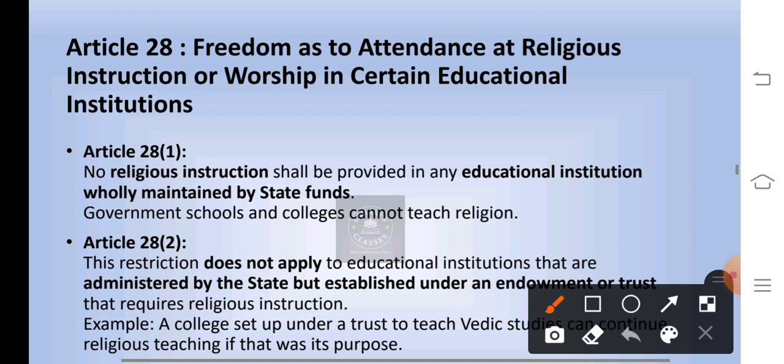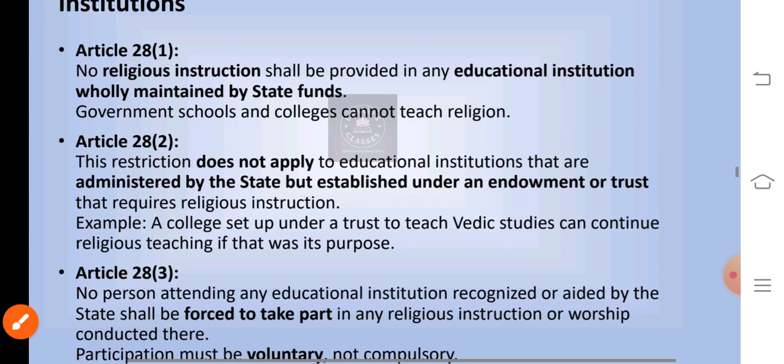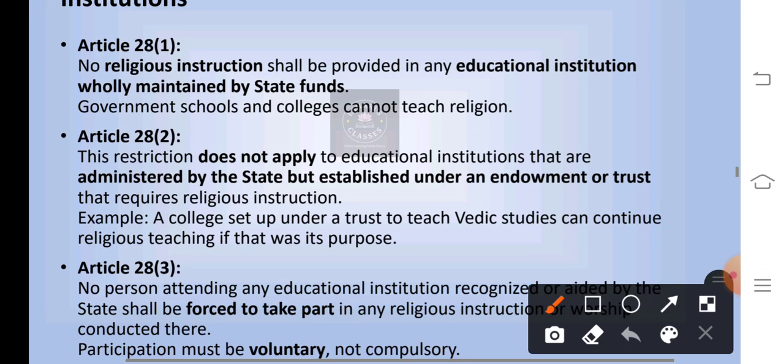Next is Article 28. Freedom as to attendance at religious instruction or worship in certain educational institutions. There are sub-clauses in Article 28. Clause 1: no religious instruction shall be provided in any educational institution wholly maintained by state funds.